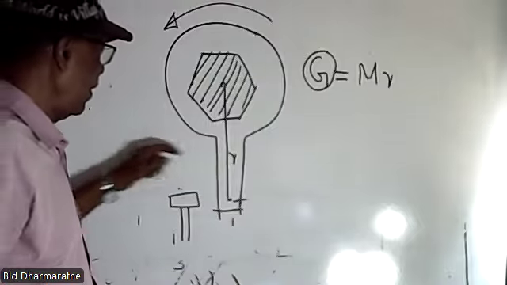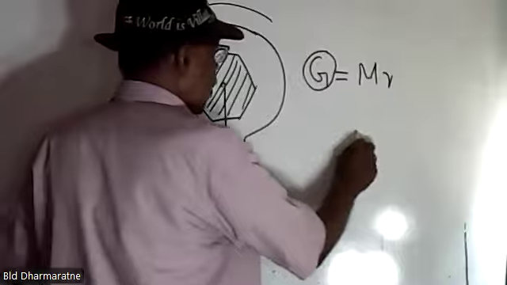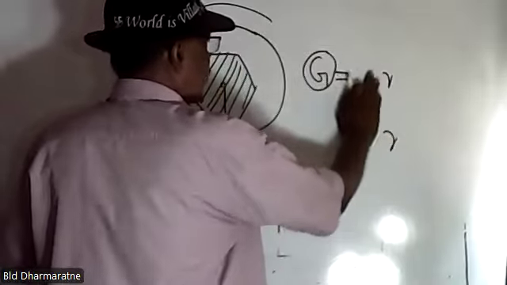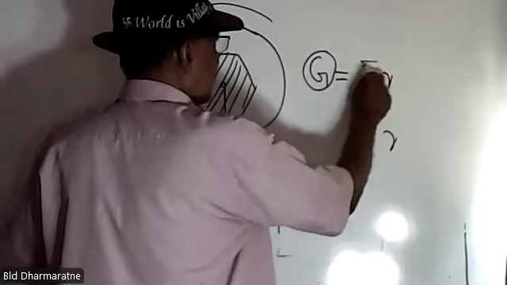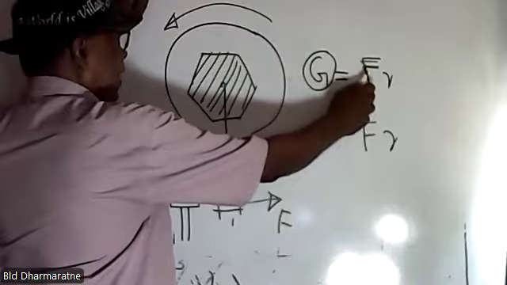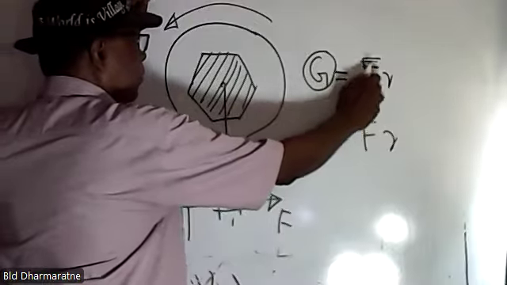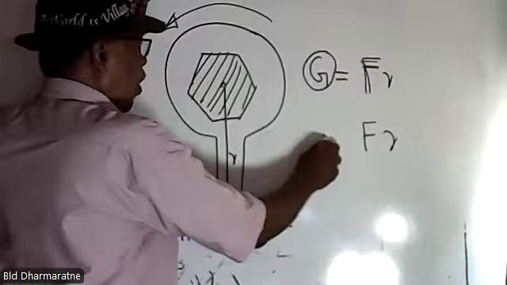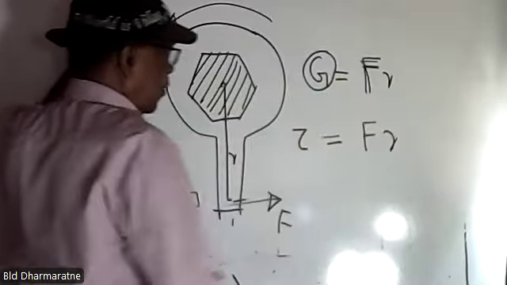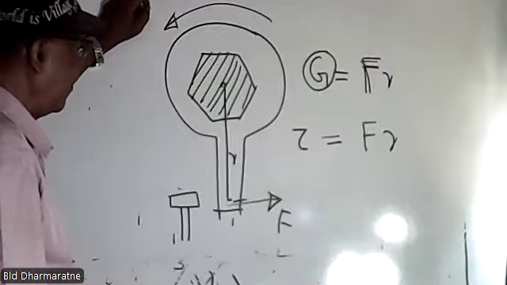Torque is F into R, the same one. Hammering and pulling are both the same: F into R quantity. This is the moment of R, not time. It depends not only on the mass, but on force into R. Torque is normally written like this: torque equal to Fr.